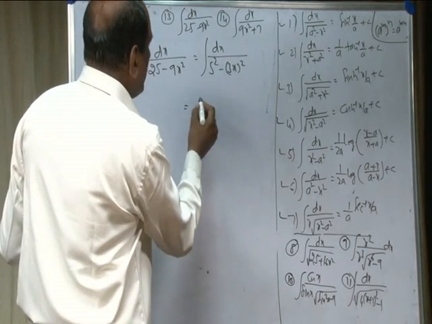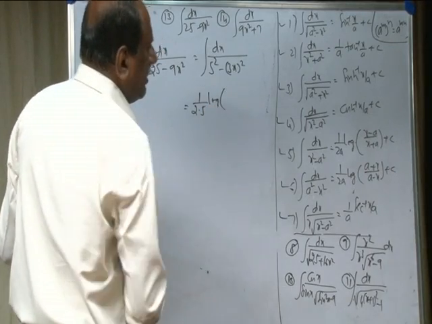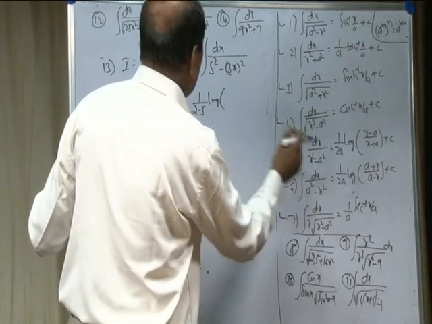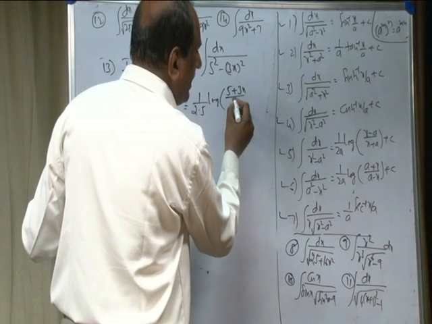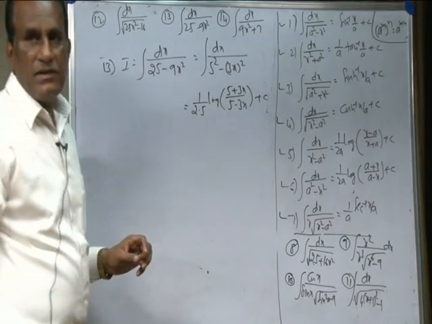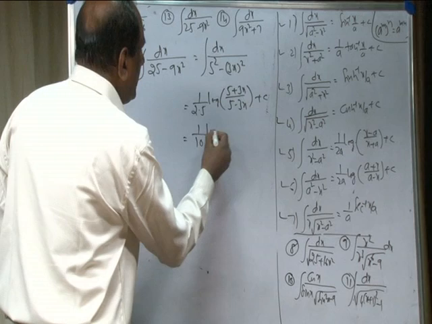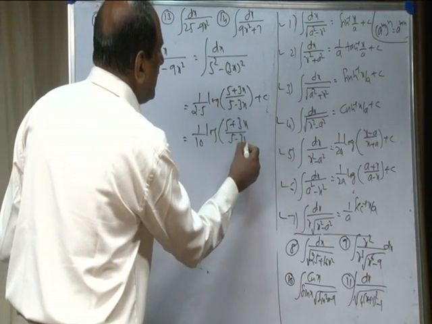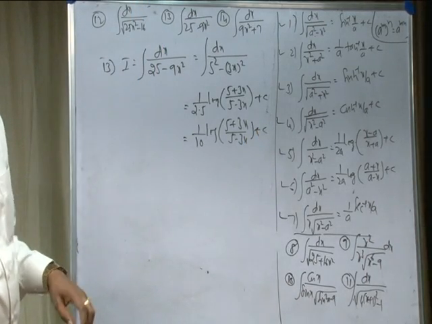Here a is 5, so 1 by 2 into 5 log of a plus x, that is 5 plus 3x divided by 5 minus 3x, plus c, constant of integration. So, we can write this as 1 by 10 into log of 5 plus 3x by 5 minus 3x plus c, constant of integration. So, one more problem is there.